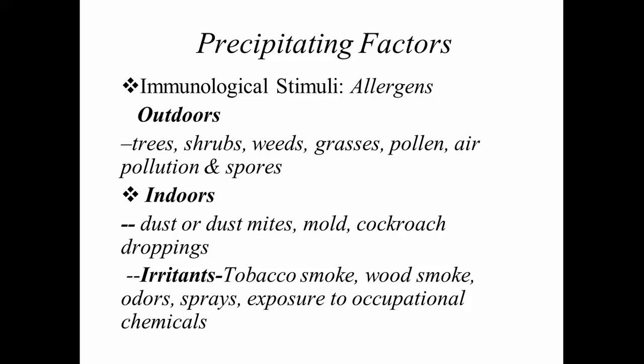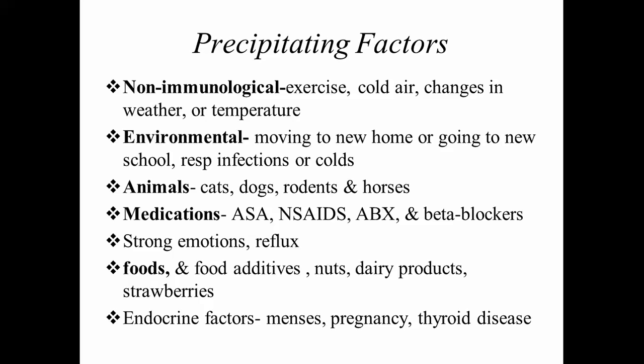Then there are irritants such as tobacco smoke, wood smoke, strong odors, sprays, and exposure to occupational chemicals. All of these can precipitate or aggravate an asthma episode. Then there are some non-immunological factors, such as exercise.